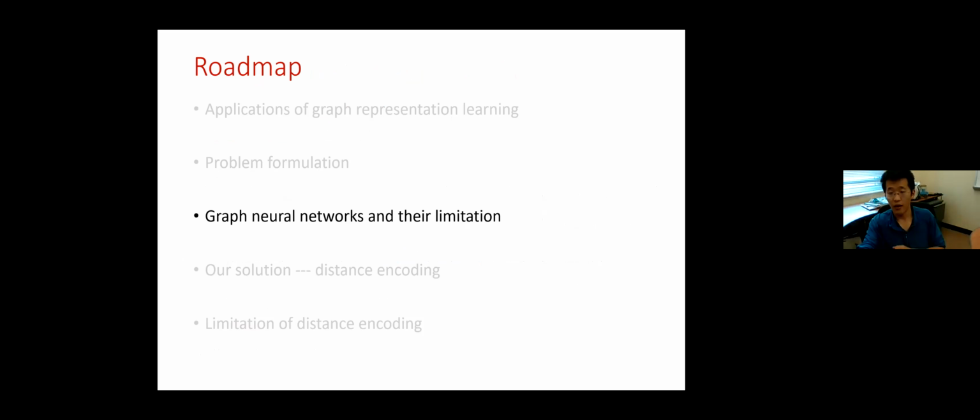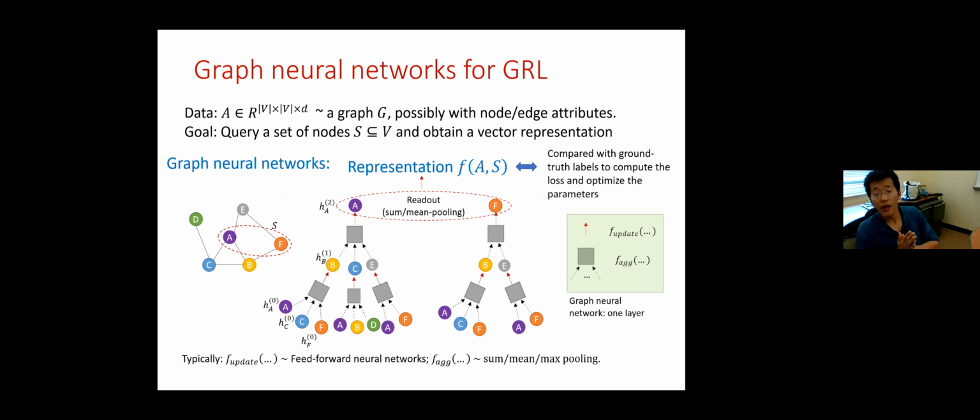All right, now let me briefly discuss the graph neural network for graph representation learning and introduce its limitation. For a graph neural network, usually we have graph structured data, here A, and a node set S of interest.